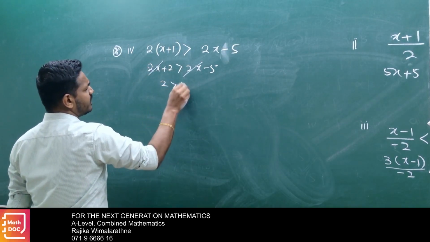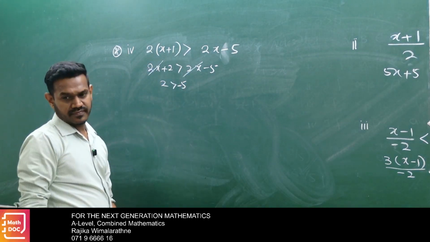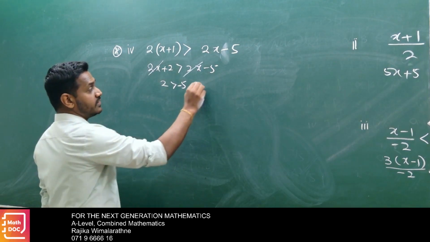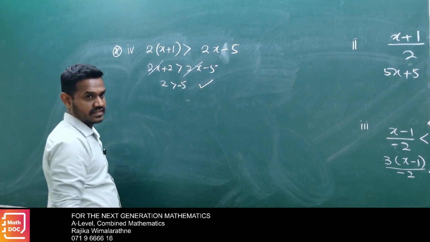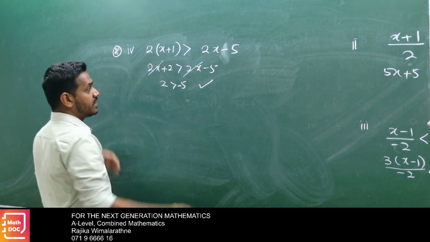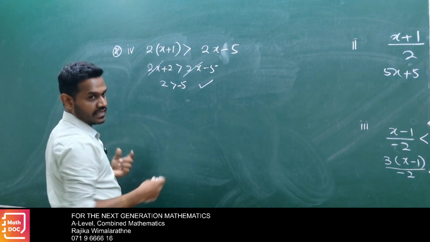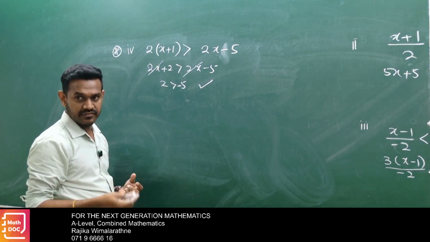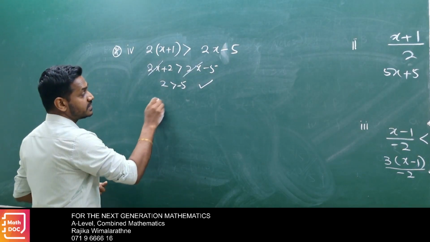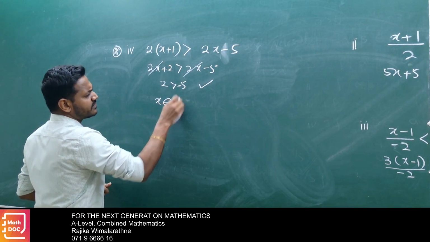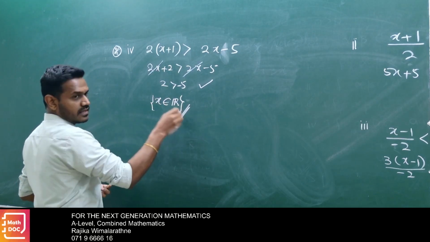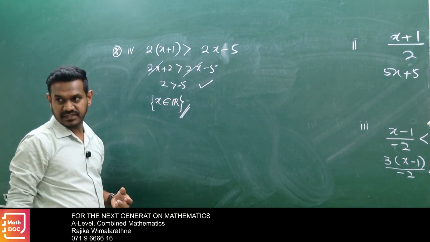Then 2 greater than minus 5. This is a completely true relation. Then this inequality is true for any real value of x. Then the final answer is any real value is possible.